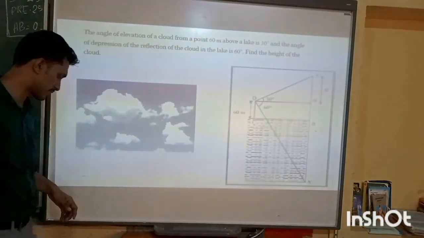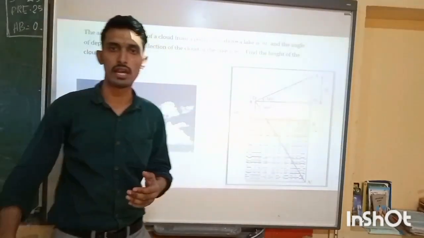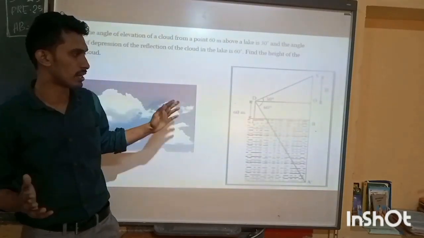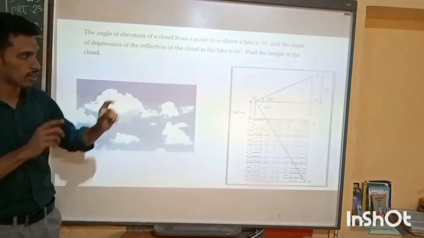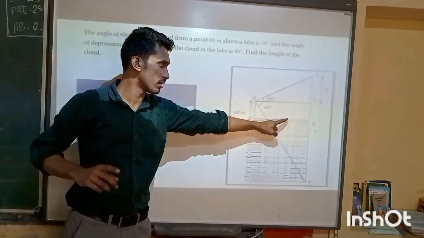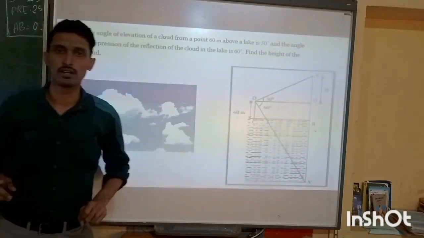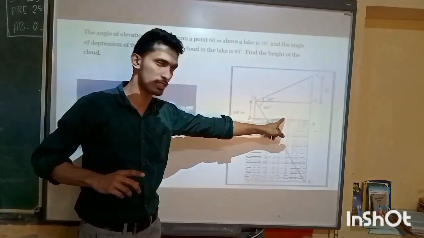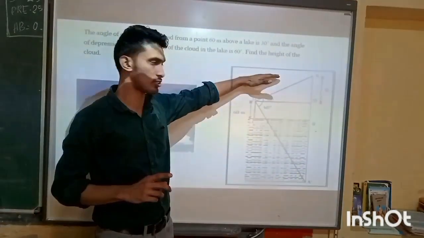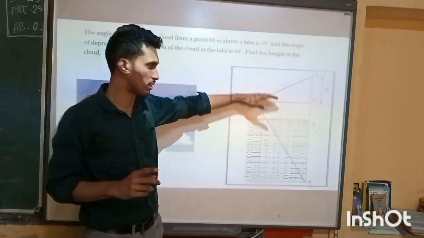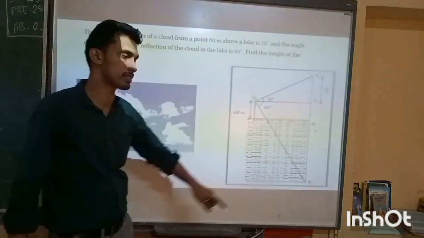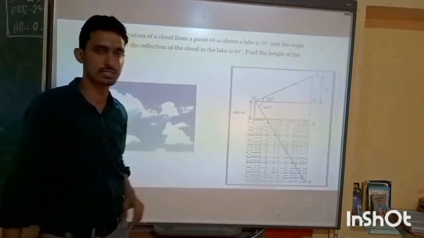As I have already told you, the air medium and water medium will be equally balanced in the case of these kinds of cloud reflections. So the length from the surface of the water to the cloud and from the surface to the reflection will be equal. So this is 60 plus h, and definitely this will also be 60 plus h, and we have an extra 60 meter here.